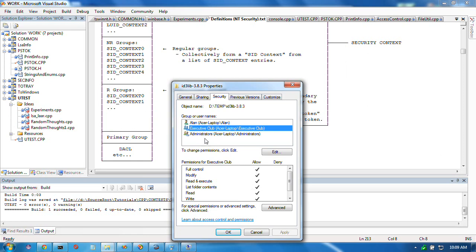So I should not get any extra access for this. As far as being Alan, in the restricted context, I have this minimal access, and so that should be all I get, right?